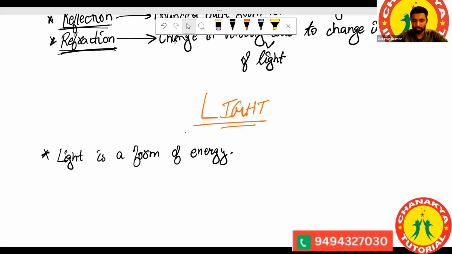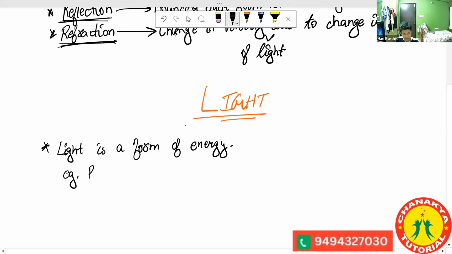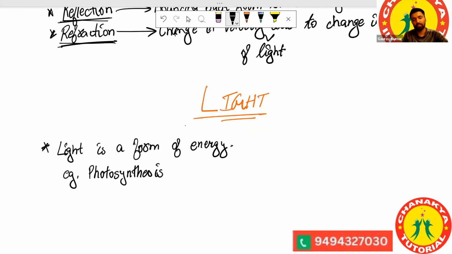We can write one example as photosynthesis. Photosynthesis is happening in plants. Can you pick one thing in your everyday life which shows that light is a form of energy?